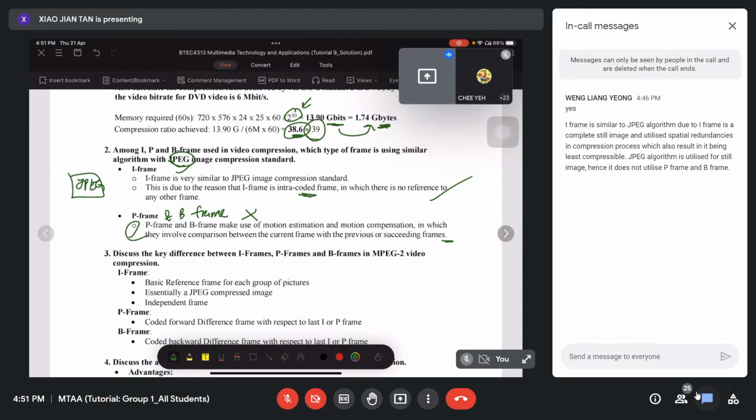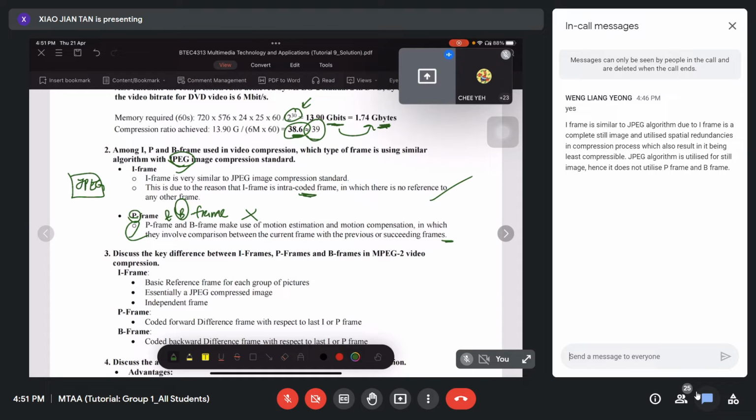The motion estimator is trying to estimate the motion in the previous frame and also in the next frame. P captures the motion from the previous, B captures the motion from previous and future. So in P and B frame, we are mostly referring to the motion estimator instead, which is temporal redundancy. But in the I frame, we are more likely to use the JPEG compression, which is the spatial redundancy.